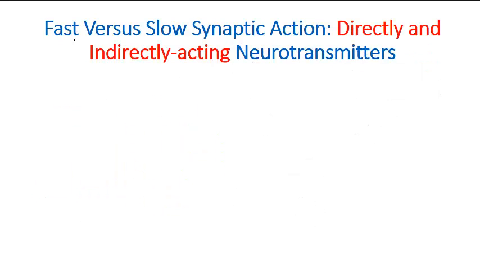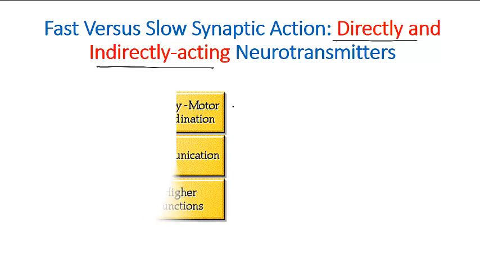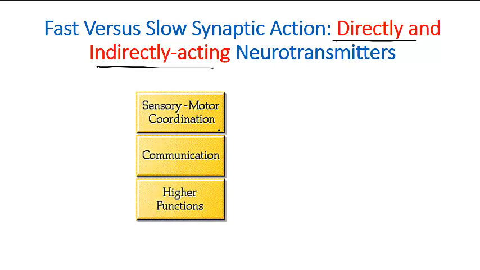If we look at the fast versus the slow synaptic action, there is a difference between the direct and indirect activation by neurotransmitters. The rapid signaling of the directly acting neurotransmitters is important for sensory motor coordination, communication and many other higher functions.